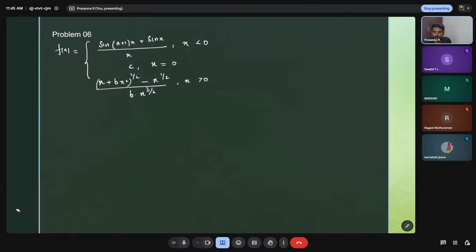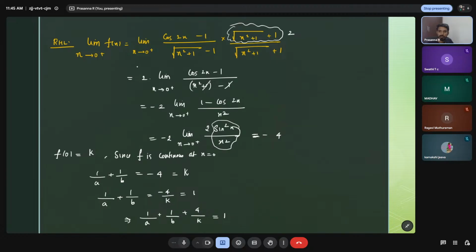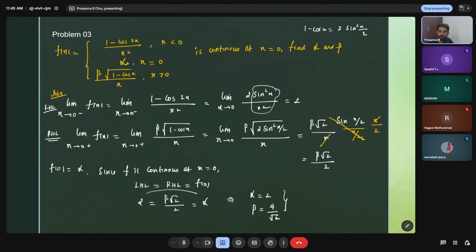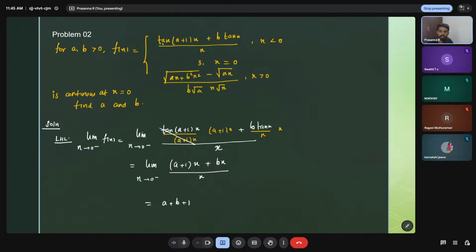It looks similar to the fourth problem, or it is the same, except instead of tan we have sine. More or less the same.